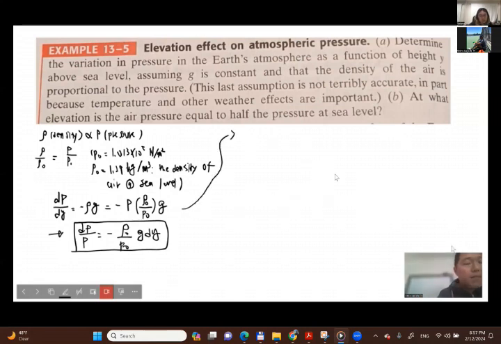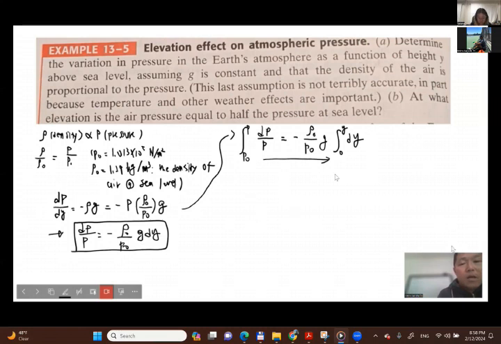So if you integrate it, let me write the whole equation with the integral: the integral of dP over P from P naught to P equals minus rho naught over P naught, which are constant values, times g times the integral of dy, height from 0 to the specific height of interest. So we need to actually derive the formula out of this integral.